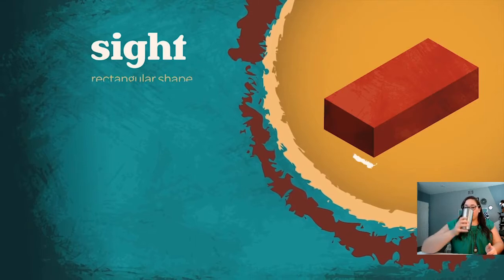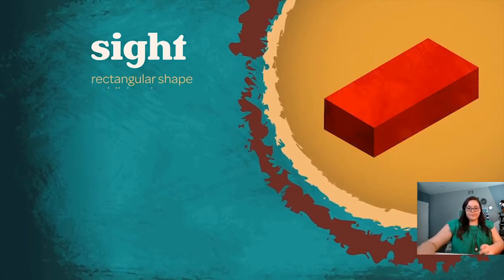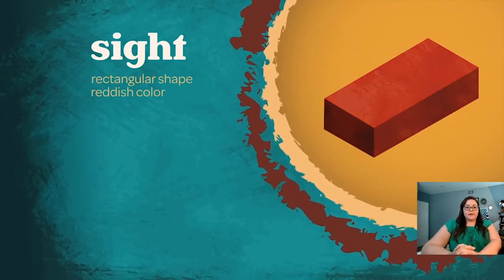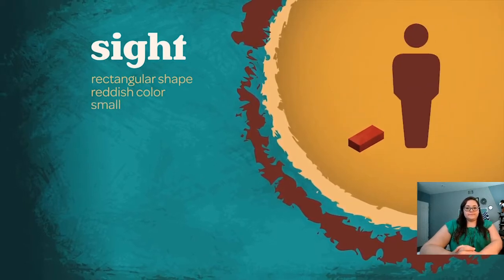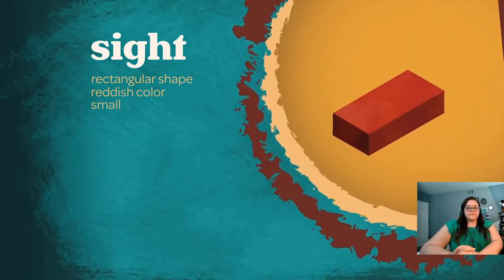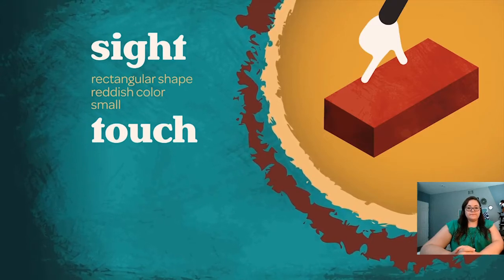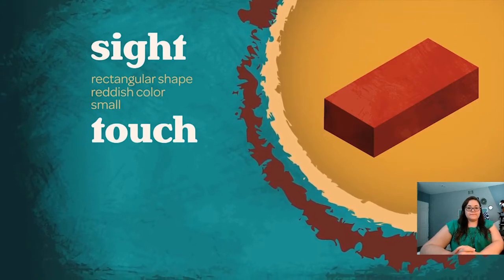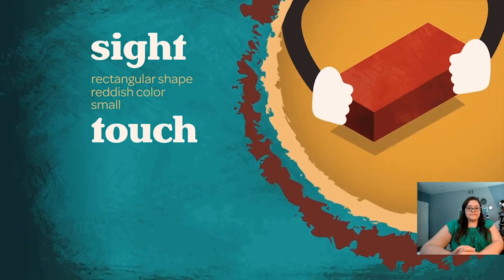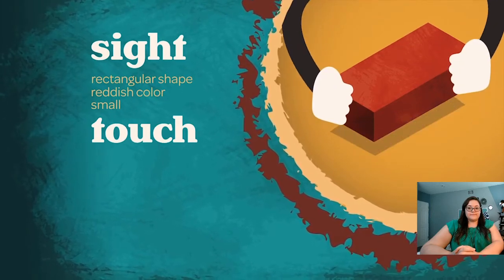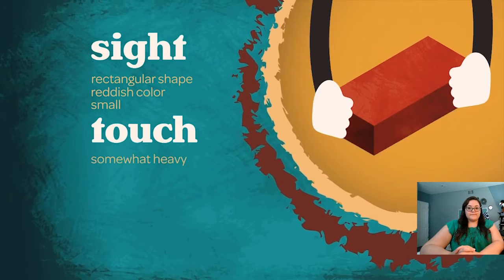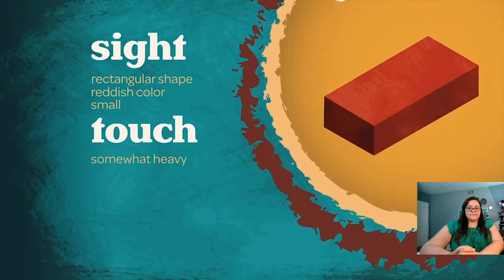It has a rectangular shape and a reddish color. You can also see the size of the object. You can use your sense of touch to help you observe the object's texture and weight. This object is light enough to pick up, but it would feel rather heavy in your hands.